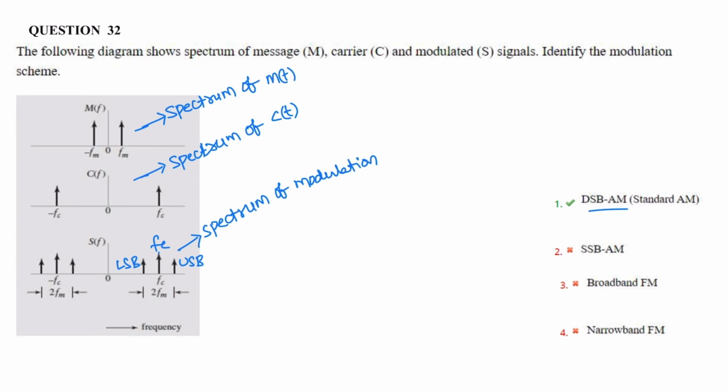In the given graph, the spectrum of the modulated signal consists of the carrier frequency fc, upper sideband frequency and lower sideband frequency. So this is the spectrum of double sideband full carrier modulation, or the spectrum of a standard AM signal.